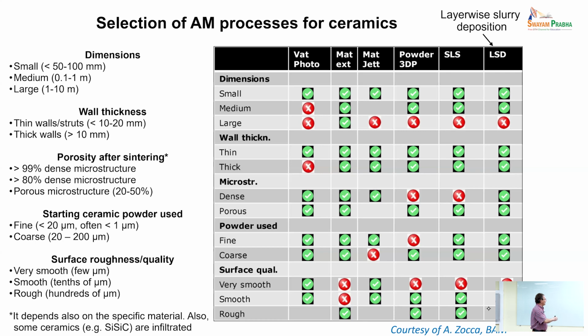So coming back to this slide with the different additive manufacturing processes for ceramics, we can see that you have some characteristics for each technology in terms of the dimensions of the part that you can print, the wall thickness that you can process, the kind of microstructure, dense or porous, that you get after sintering, what type of powder you can use, which is related to the type of microstructure that you obtain, and the surface quality.